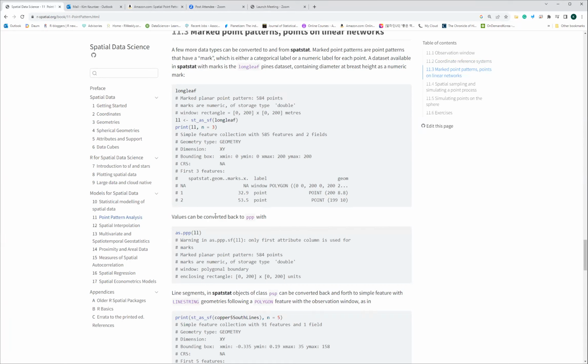What is this function as.ppp? That is what actually? Yeah. So assign an attribute. Yeah, actually, as.ppp has a function that allows you to convert your data frame into the point pattern process object.